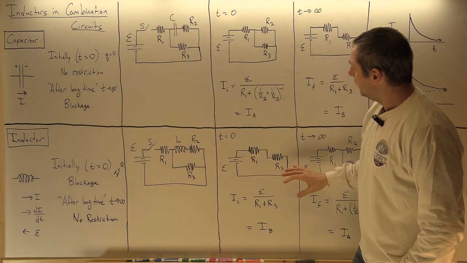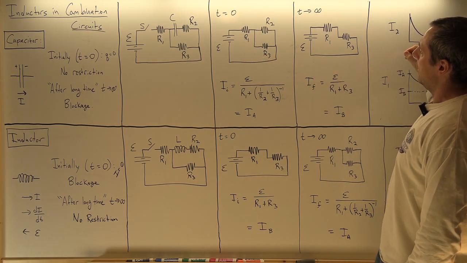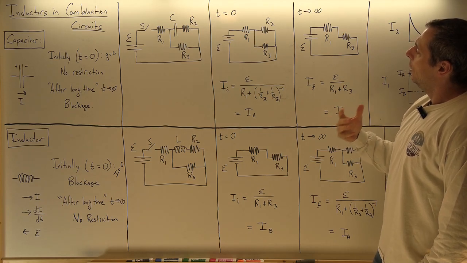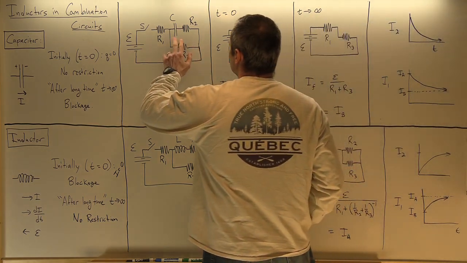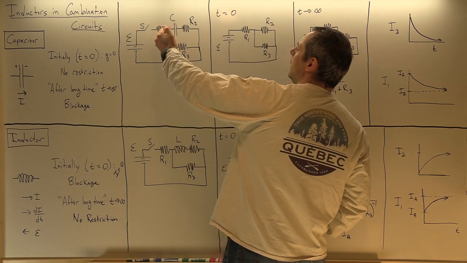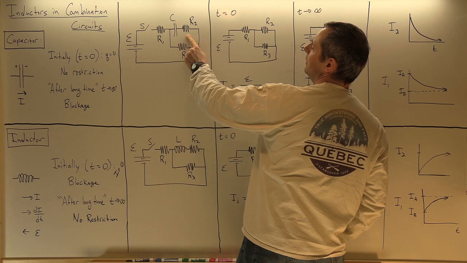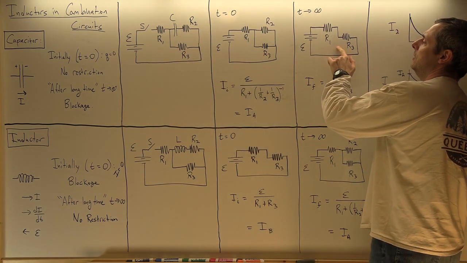Now, let's skip over this for now, and then I want to just continue on with the capacitor analysis to create a little continuity. Now, after a long time, in other words, t goes to infinity, the capacitor becomes full, so it blocks current from going along this path. In other words, R2 now gets deprived of any current. And so the circuit behaves to the battery like this.